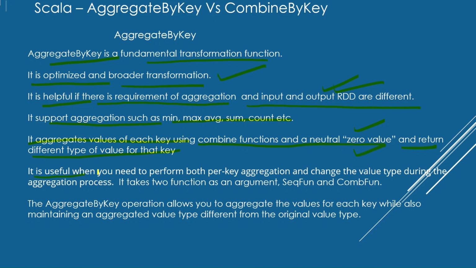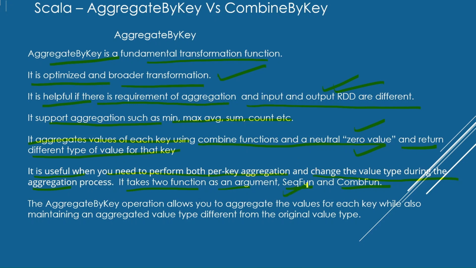It is useful when you need to perform per key aggregation and also change the value type during the aggregation process. It takes two functions as arguments: sequence and combine. As I told you, it performs the aggregation on a per key level, and whenever we use aggregateByKey, it takes two arguments, which are functions.